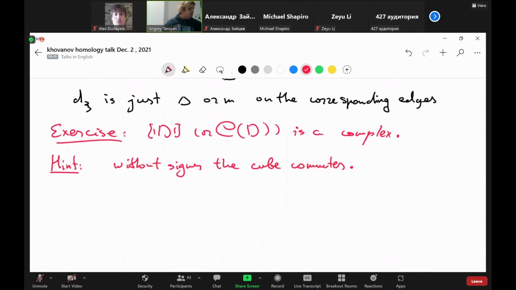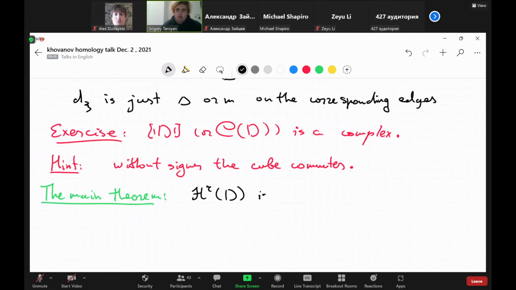So now I am ready to state the main theorem, which was in my abstract. So P char of D is the Earth's homology.